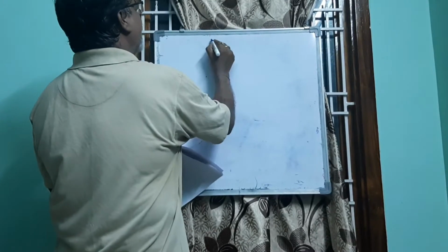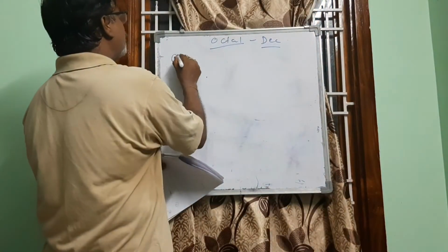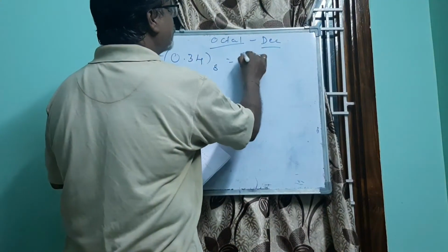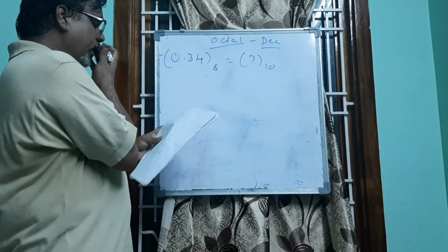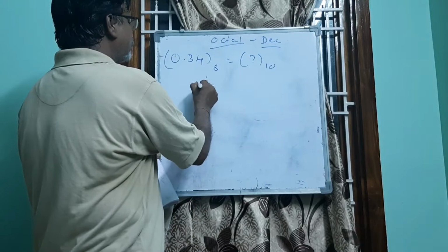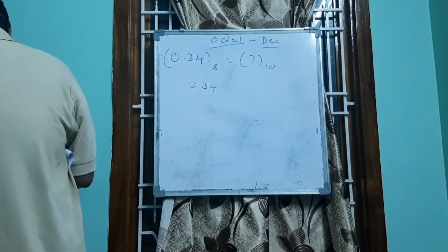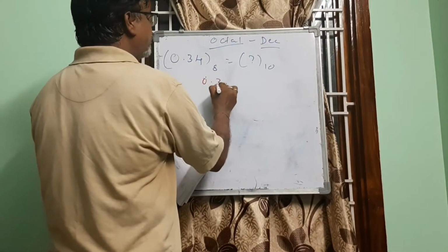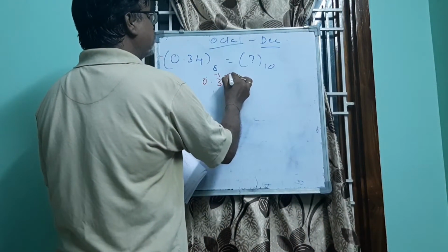This time we take an octal value to convert into a decimal fraction. So 0.34 base 8 is equal to base 10. As I told you, the positions are -1, -2.